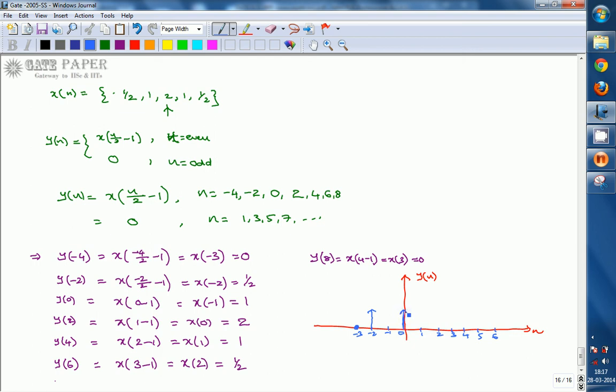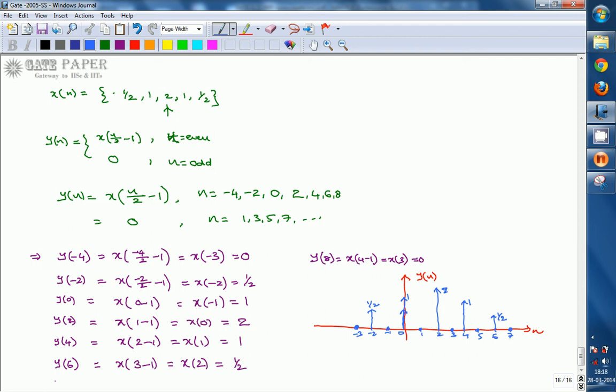At n equals 2, the amplitude is 2. At 4, the sample value is 1, and at 6 we have 1 by 2, and at 8, 0. For odd values of n, this is equal to 0. At 7, this is equal to 0. So this is y of n.